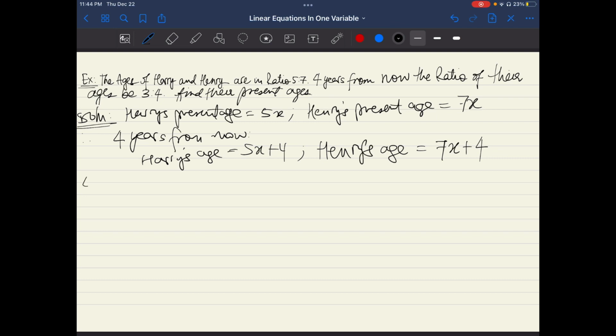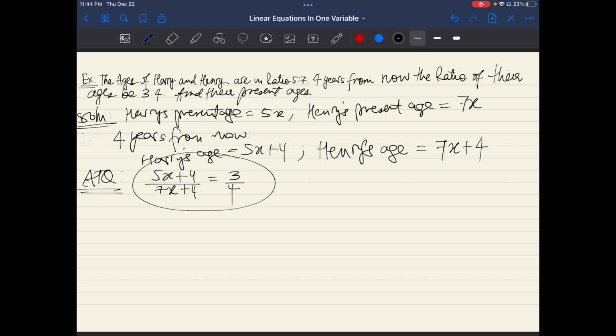And now, according to the question, we have been given that 4 years from now, the ratio of their ages will be 3:4. So the ratio of their ages 4 years from now will be 5x plus 4 over 7x plus 4 equals 3 over 4. And now we can solve this.